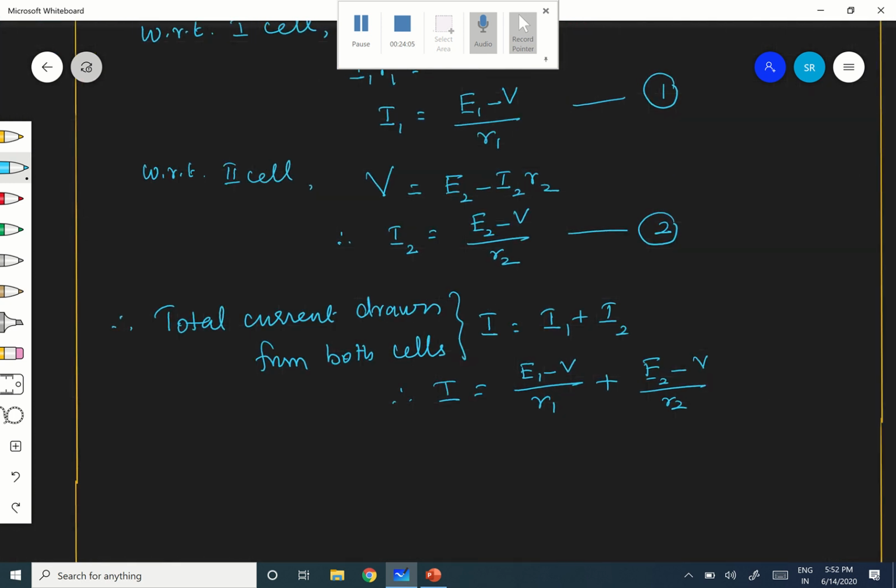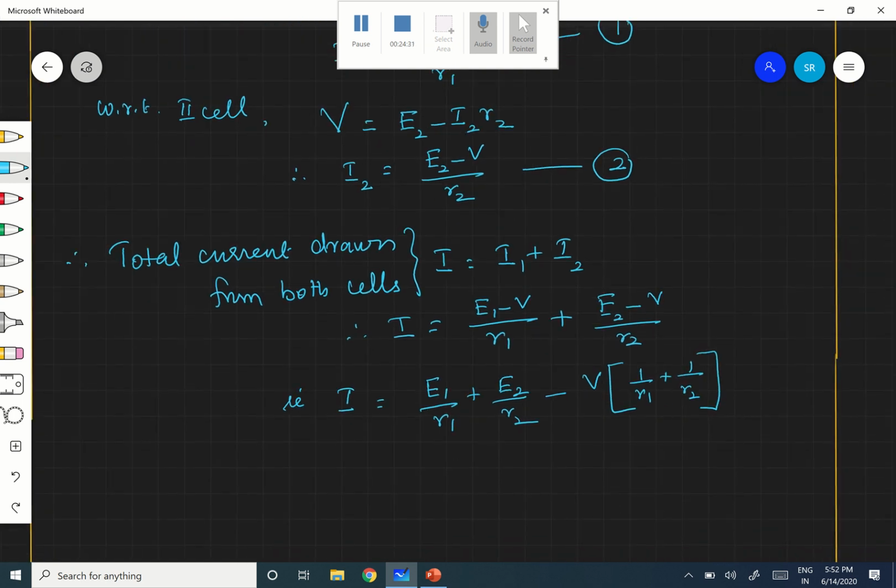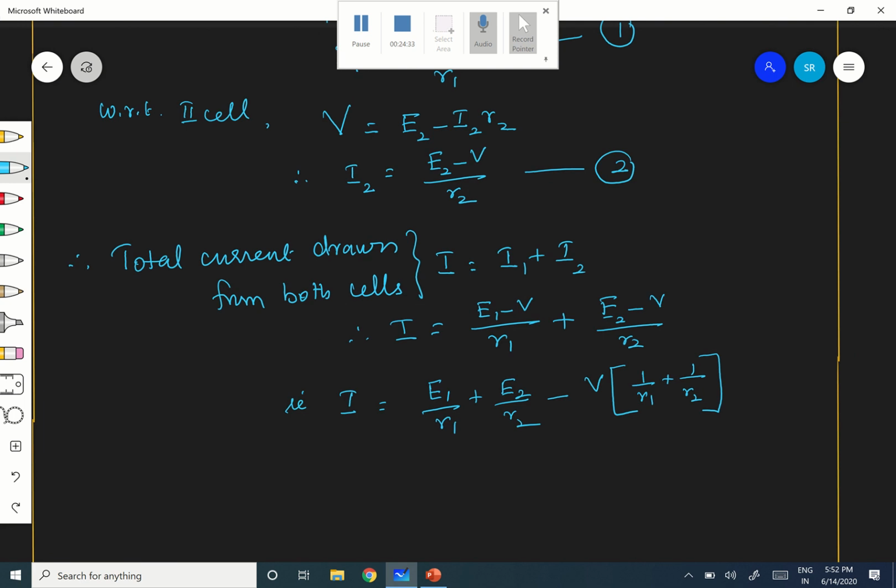Therefore, I can write this as I equal to E1 by R1 plus E2 by R2, minus, if you take V outside, 1 by R1 plus 1 by R2. Is it clear? Therefore this expression can be written as E1 by R1 plus E2 by R2 minus this.